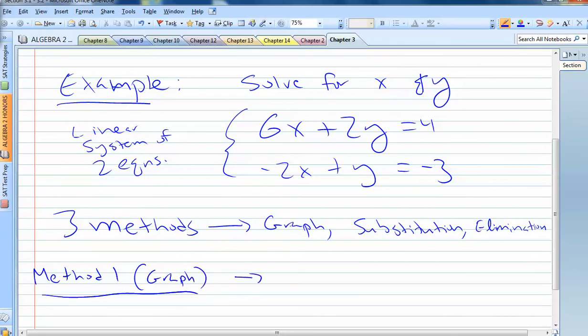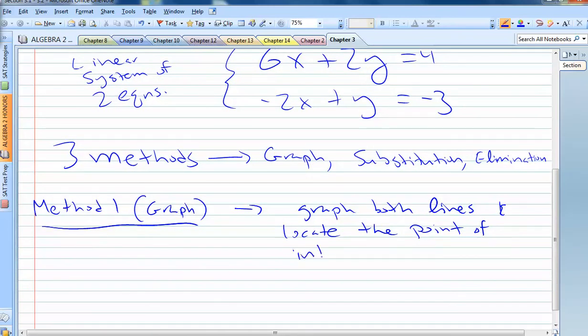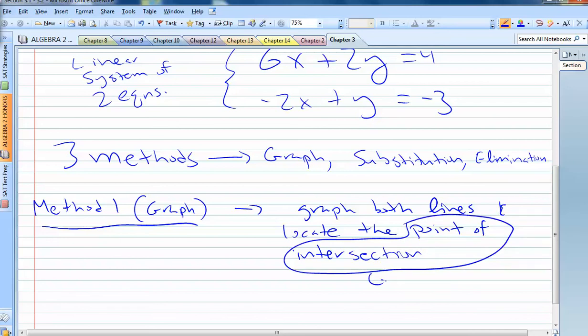So in this method, what you want to do is graph both lines and locate the point of intersection. The point of intersection will be our answer.